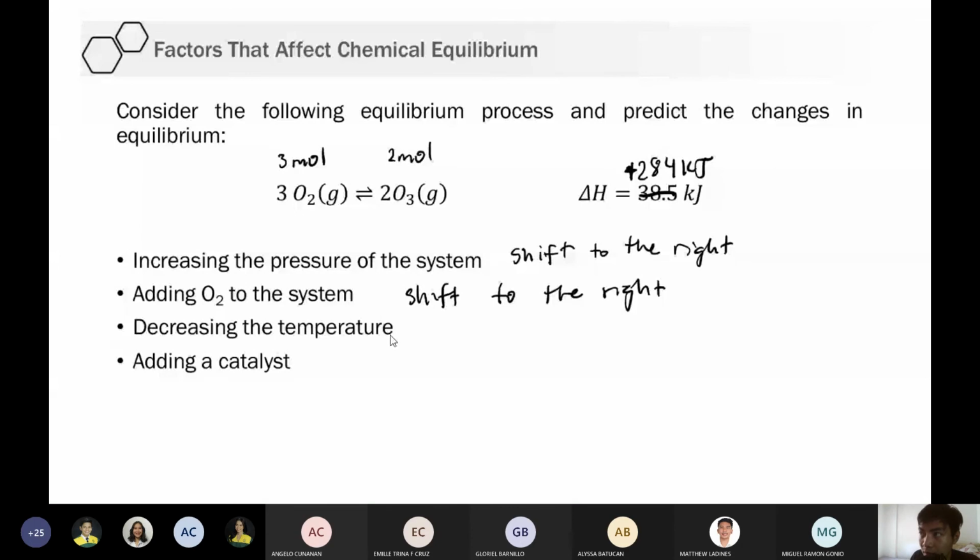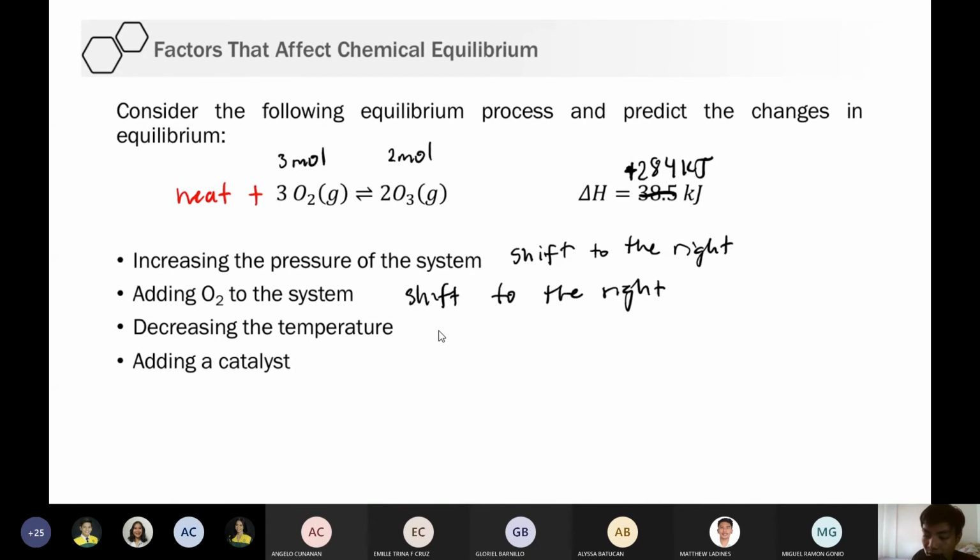Next one, decreasing the temperature. Okay, so itong decreasing the temperature, depende to kung endothermic or exothermic to. In our case, endothermic uli ito. So that means the reaction is, yung heat ay nasa left kapag endothermic. O, imagine mo uli, water bucket yan. So kapag dinecrease mo yung temperature, mas onti yung nasa left side mo.